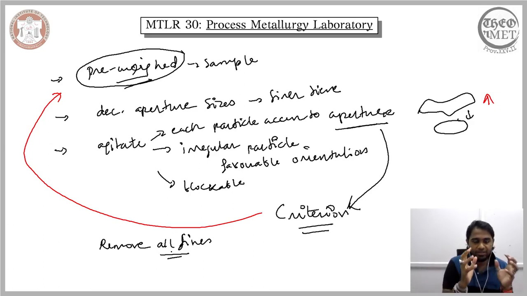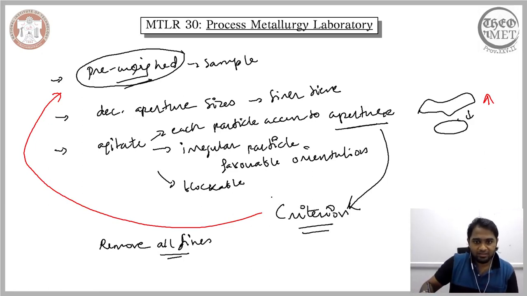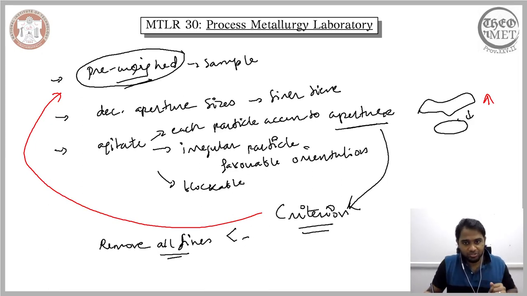So before feeding in your sample for the sieve analysis, we attempt to remove all the fines associated with the fragments, meaning those that could block the apertures and hinder our processes, which are often of a size less than 50 microns, less than the size that an aperture could handle.